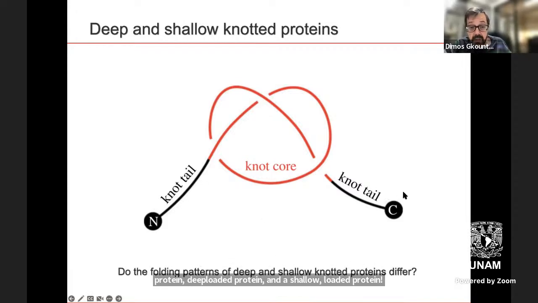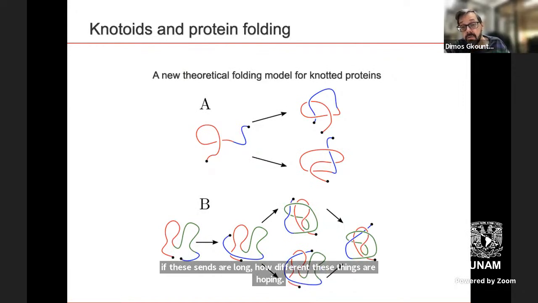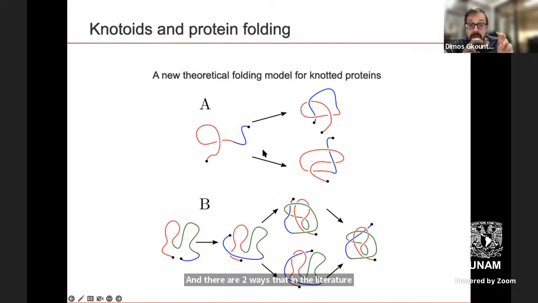So if these ends are long, how differently are these things folding? And there are two ways in the literature now. One way, and that's the old, let's say, way of thinking, is that first you have a linear thing because all proteins start like a piece of spaghetti, and then it gets knotted.